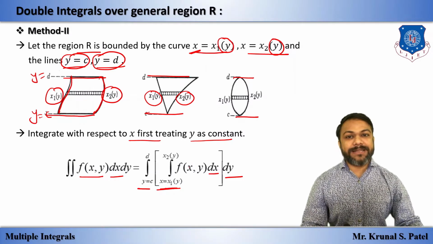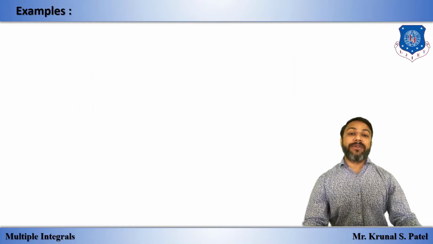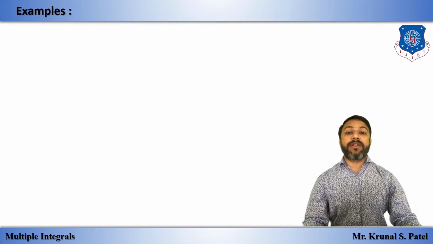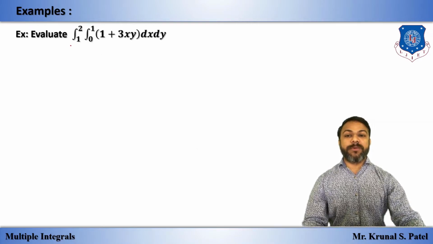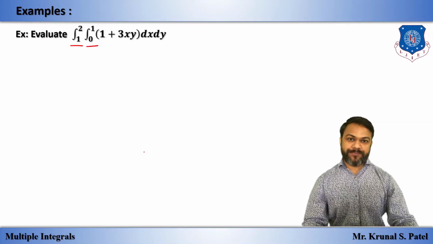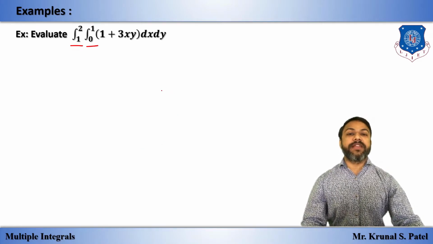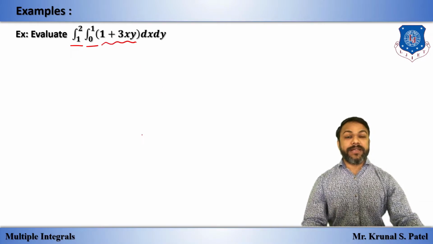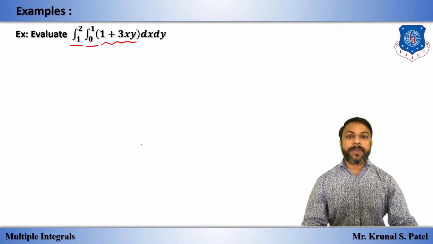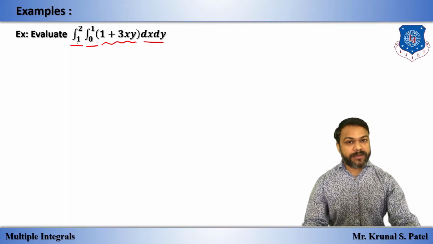To understand these two methods and the rectangular form, let's have a look at an example. In the very first example, just by observing, you can say that both limits of integration are constant. So this is a rectangular region, and for that we need not change the order, because this is simple integration. If the integration is awkward, then you can change the order, because both limits are constant.